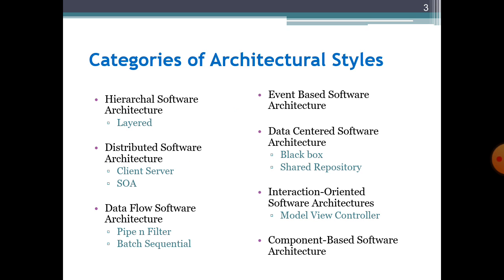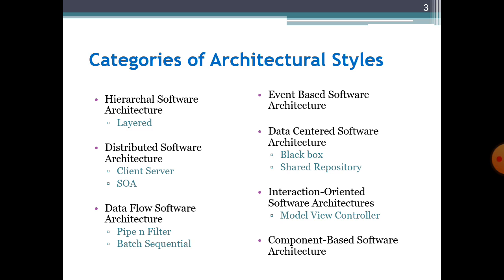So here are the different categories of architectural styles, and here is a little bit of recap about our previous three lectures. Layered based hierarchical software architecture has been discussed in previous lectures. Client server and service oriented architecture, which are two different categories of distributed software architecture, were discussed in lecture number 20.